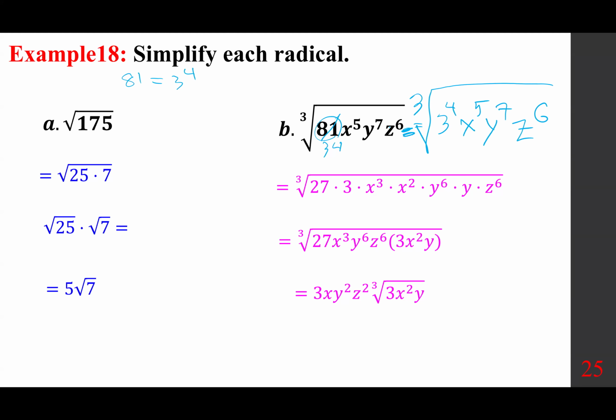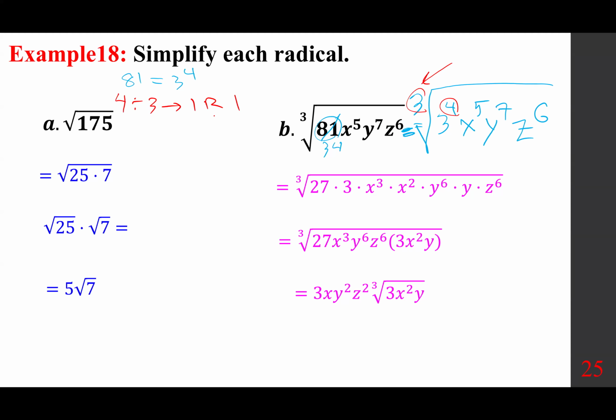Now, I will pick the exponent for each case and divide by the index. So when I divide 4 by 3 gives me 1 with the remainder 1.